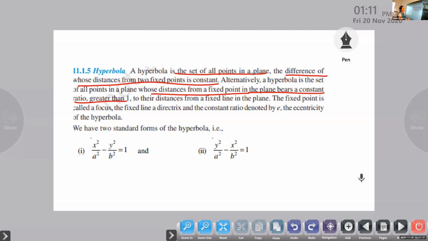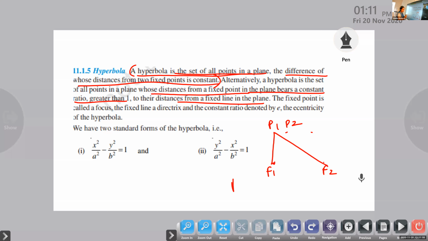For example, listen children, suppose we have 2 points here, F1, F2. These are the two fixed points. We take only those points P1, P2 such that the difference will be same. PF1 minus PF2 will be same as, suppose I name the next point as Q, QF1 minus QF2.